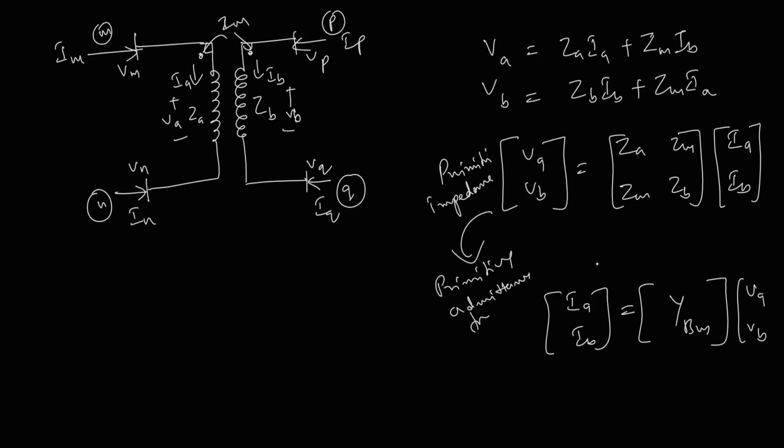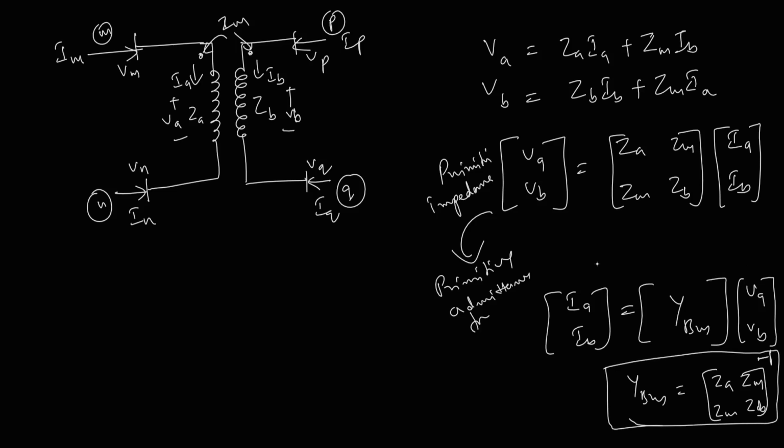Now this Y is actually the inverse of this matrix ZA, ZM, ZB. Mind you, this first element is not 1 by ZA and the second element is not 1 by ZM. The entire matrix should be calculated by taking the inverse of the primitive impedance matrix.